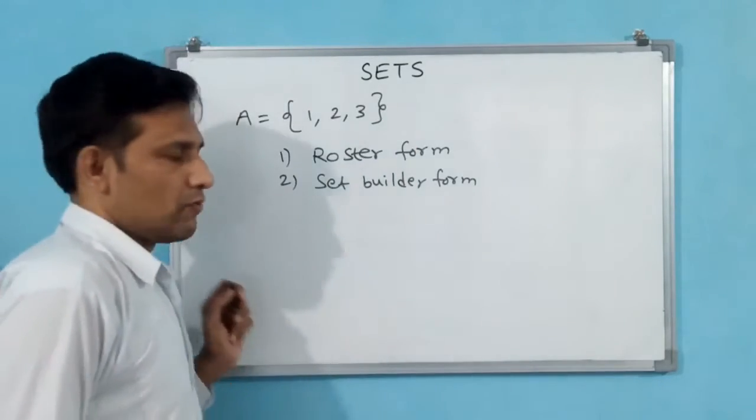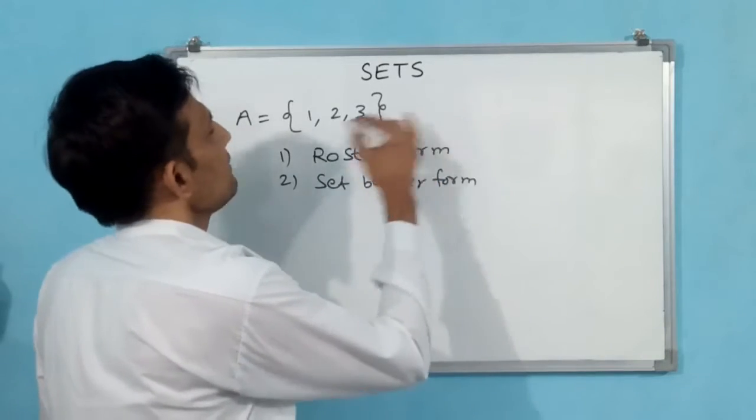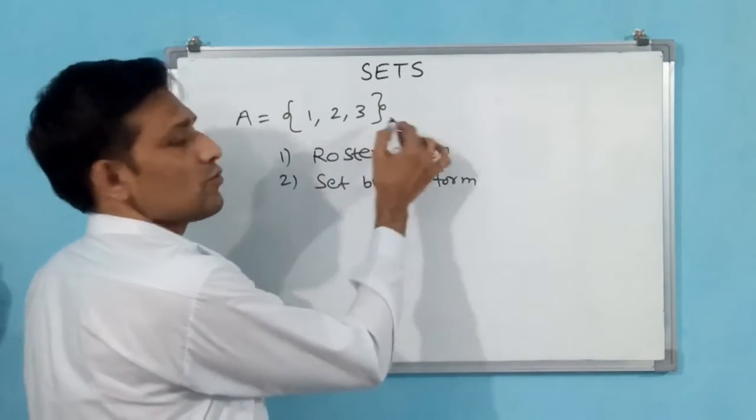Belongs to, not belongs to, what is that? You see, set A contains elements 1, 2, 3.